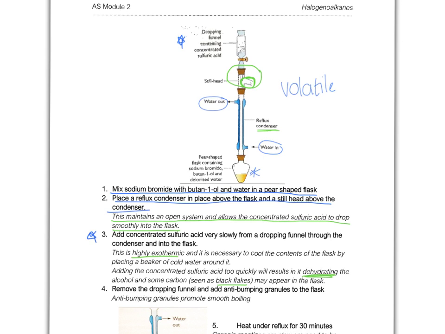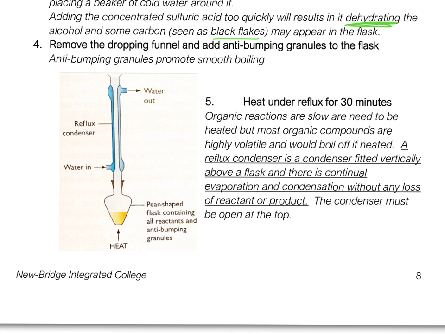Okay, the next step number 4 and 5 go hand in hand. And step number 4 says remove the dropping funnel, so remove this piece of apparatus, and add anti-bumping granules. Anti-bumping granules are just small pieces of solids, and what they do, again, looking at your reason here, is they promote smooth boiling.